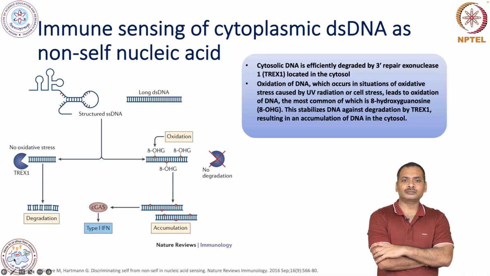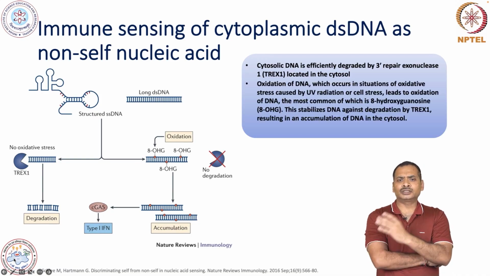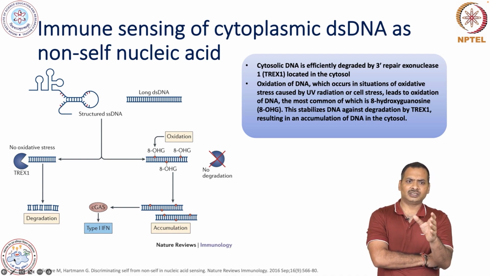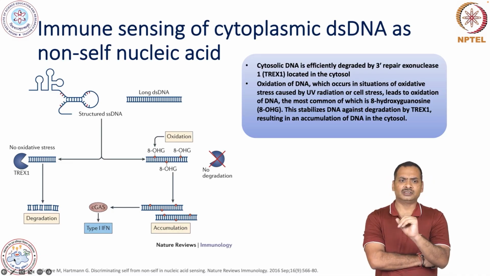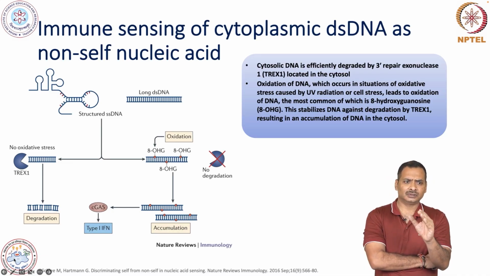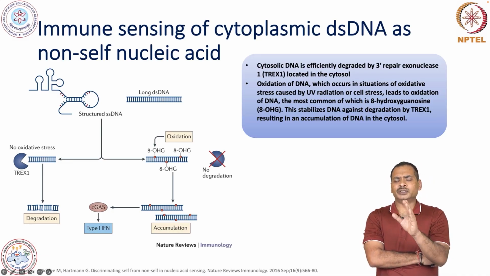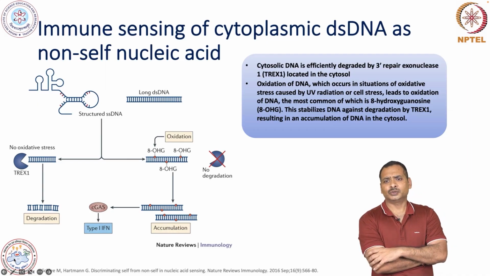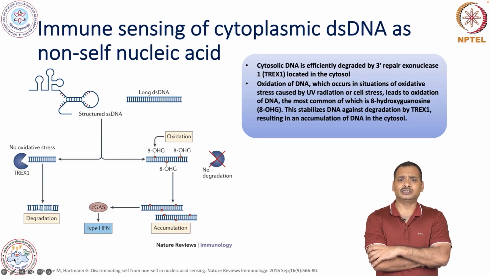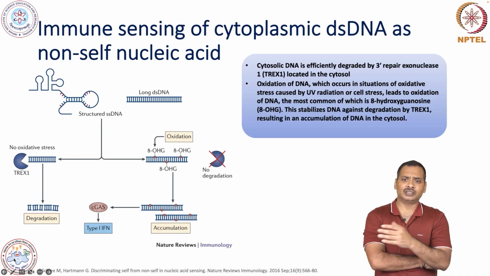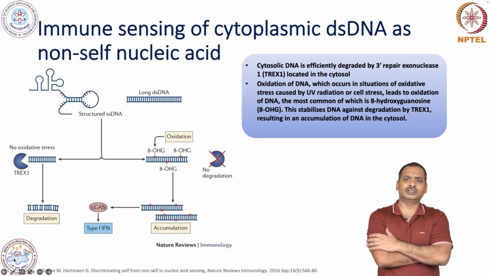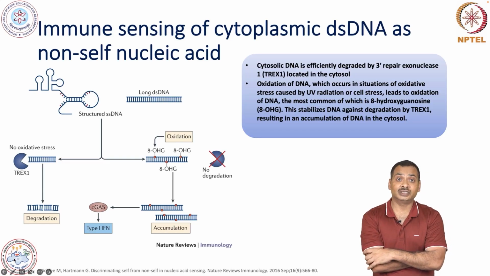Here you can see the situation of non-oxidative stress and oxidative stress. Oxidation of DNA occurs in situations of oxidative stress caused by ultraviolet radiation or some kind of cell stress, resulting in the oxidation of the DNA molecule.